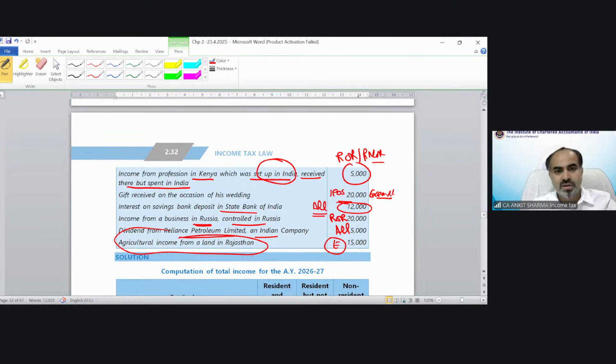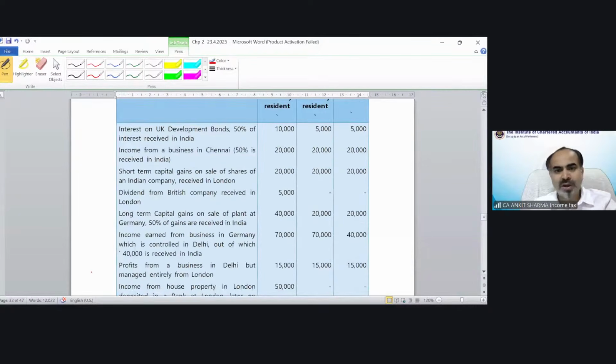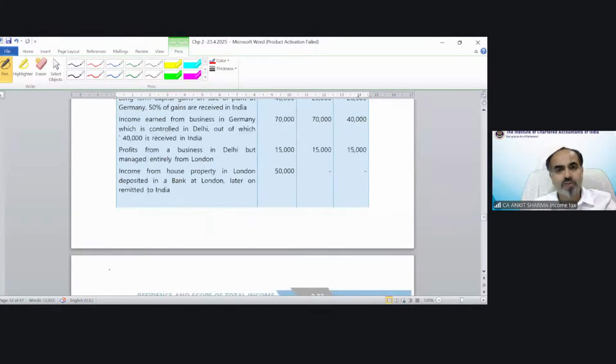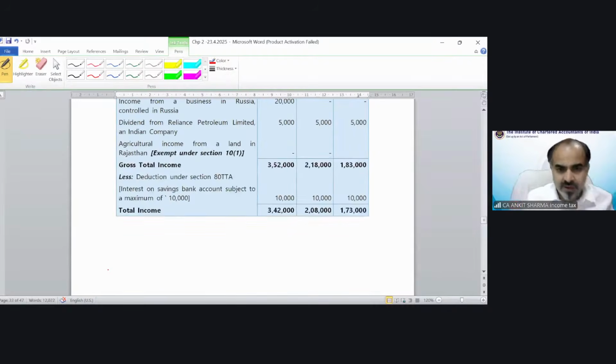That was the illustration. The solution is over here. You can go through it and understand in detail why and what we have done in the solution part. In this chapter, broadly two kinds of questions can be framed.